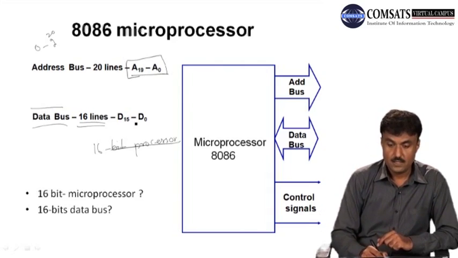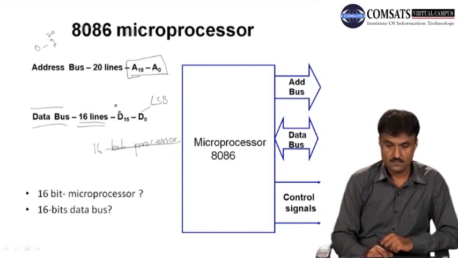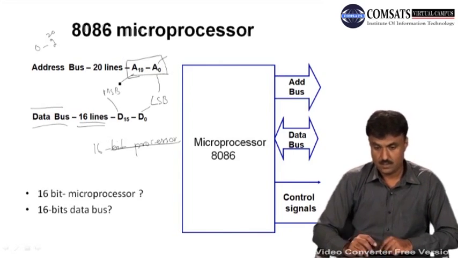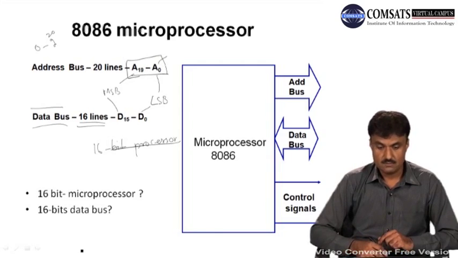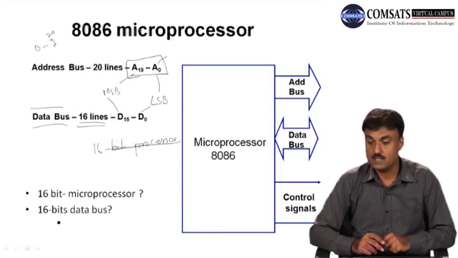D0 is the least significant bit of the data bus, and D15 is the most significant bit. The same is the case for A0 and A19. This is why we call it a 16-bit microprocessor: it has a 16-bit data bus.